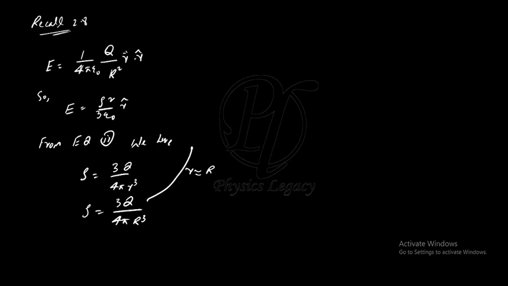We just put this expression into E, then we have E is equal to 3q over 4 pi R cube into r over 3 epsilon naught into r unit vector. Then 3 will cancel with 3.